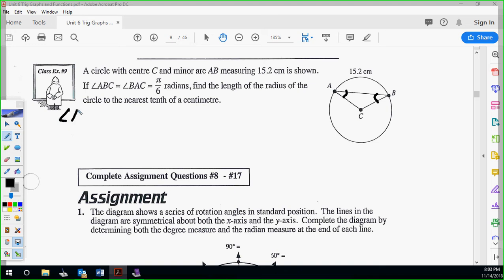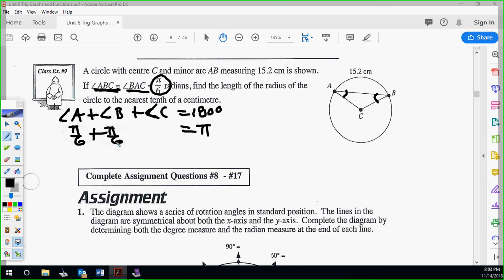If I keep that in radians, that is the same thing as they all equal pi. It's good that it's in radians because they tell me that ABC and BAC are pi over 6. So that's angle A and angle B. So this is pi over 6 plus pi over 6 plus angle C. So this is how we can figure out angle C.